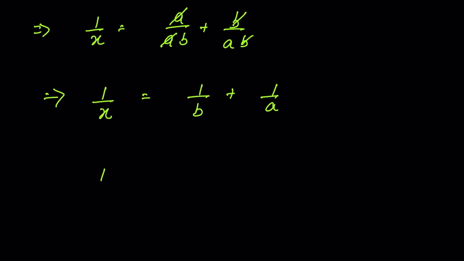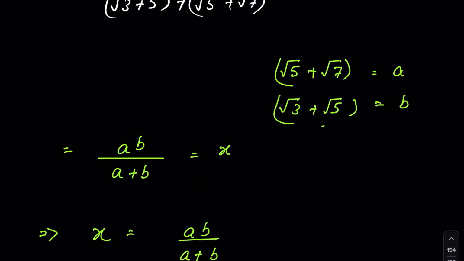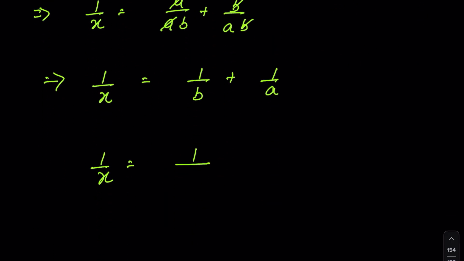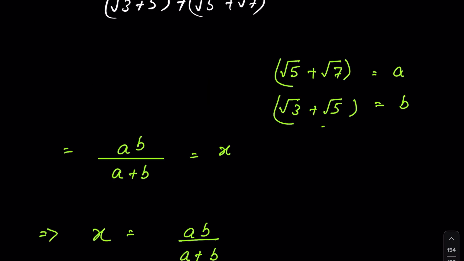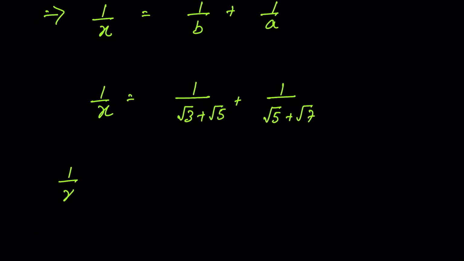Now we considered b equals square root of 3 plus square root of 5. So square root of 3 plus square root of 5, and a equals square root of 5 plus square root of 7 here. Now 1 upon x equals, let's rationalize the denominator.